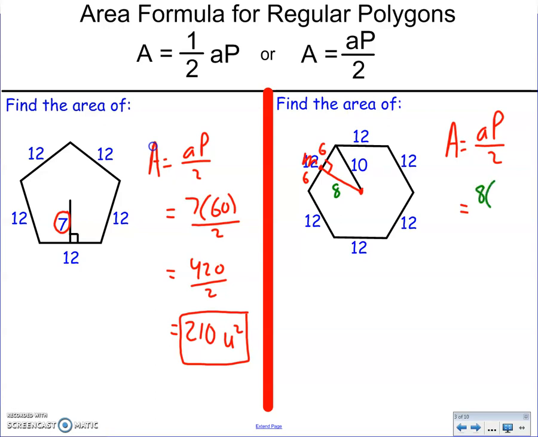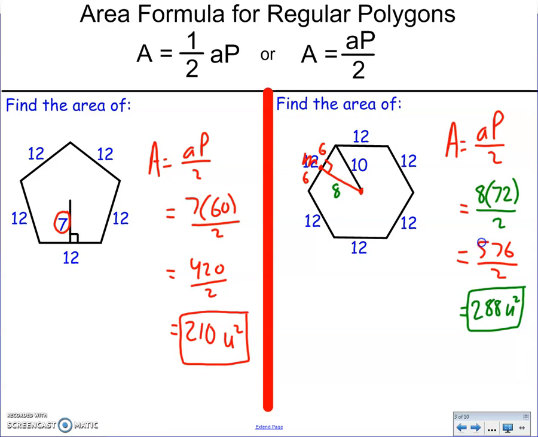So 8 times perimeter, 12 times 6, that is 72, over 2. Then I calculate that. 8 times that number is 576 over 2. Then when I divide by 2, I get 288. Units are not given, so I'll say units squared.